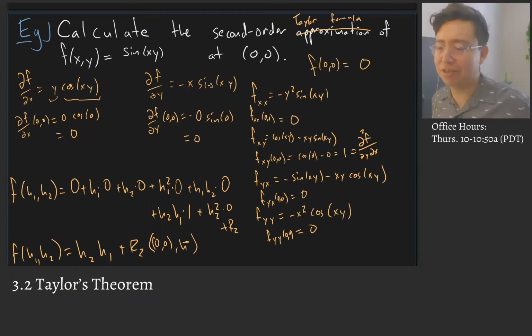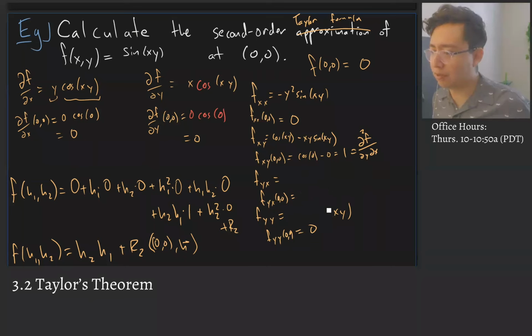For some reason, when I switched the variables, I switched this to a cosine, and so that should totally be, let's change color here, that should totally be just cosine here. And so we get 0 cosine of 0. So that still works out here, but how does it affect over here? It won't affect this because that's this, but that will affect these two here. So let's see. Good catch. Thank you for noticing that.